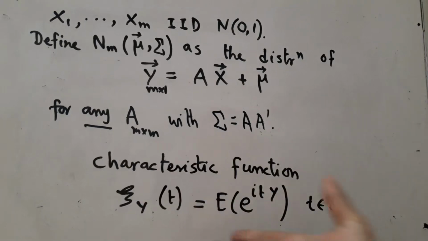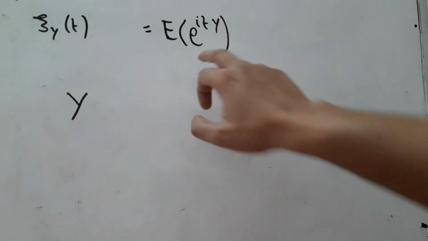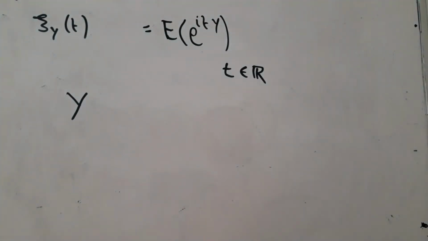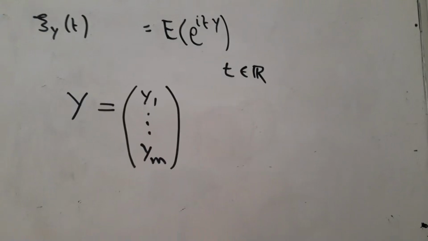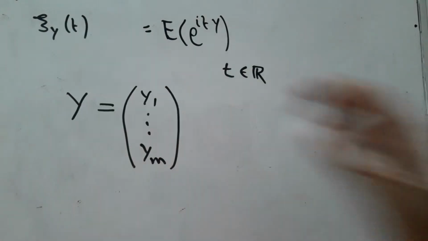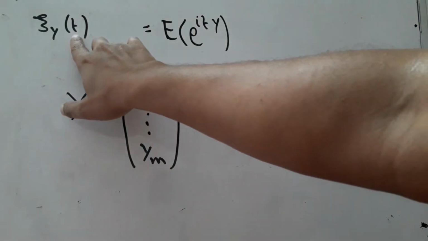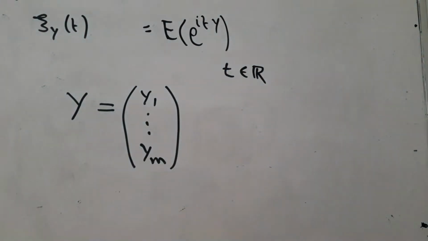Now in case of univariate things, we had just this definition, but now our y is actually a vector, so we need to first generalize that. When we have a single random variable, then we had characteristic function defined like this, but now we have a random vector. So now this characteristic function of the random vector y will require not just a single t, but a vector of t's.